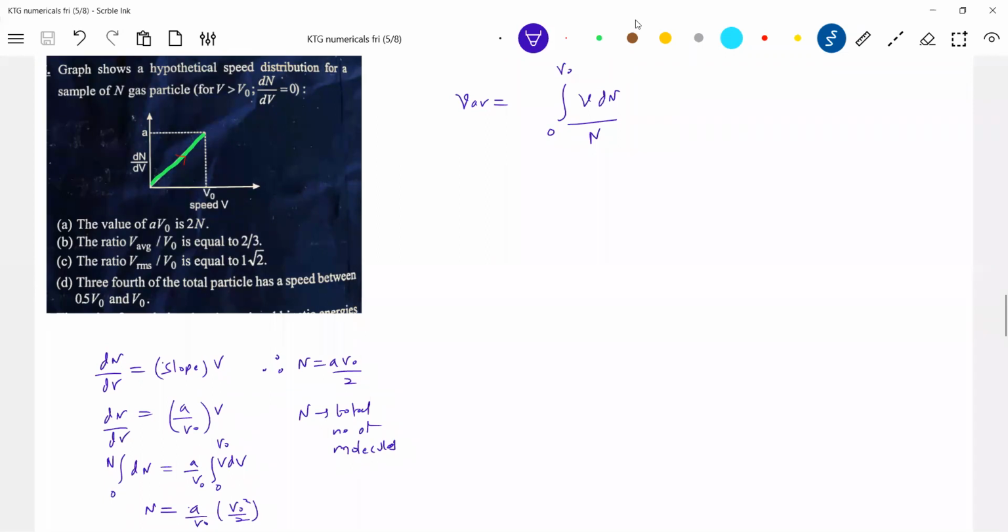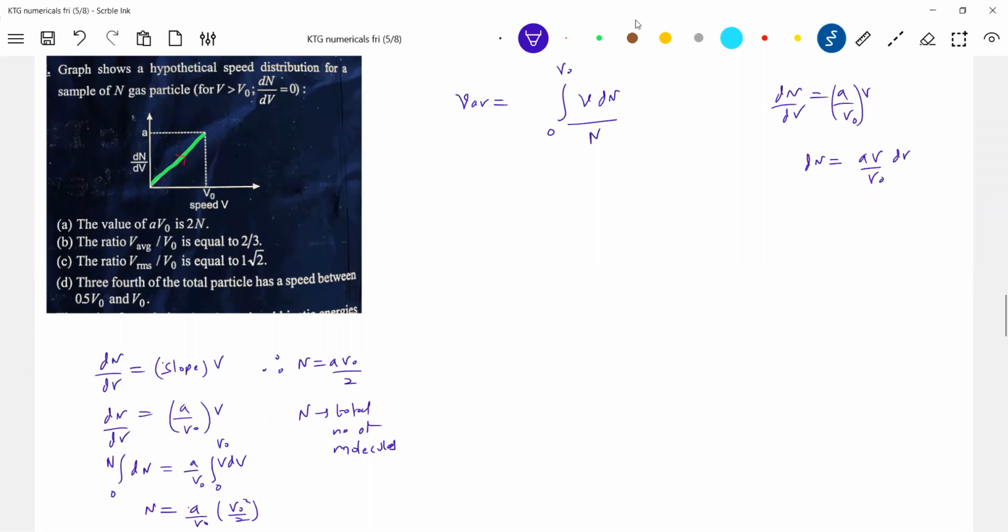From where to bring the expression for v? So the same equation, dN is equal to what we can write it as? (A v by v naught) dv. So as we know, I'll write it here: dN by dv is equal to A v by v naught from the graph. So dN is equal to (A v by v naught) dv.